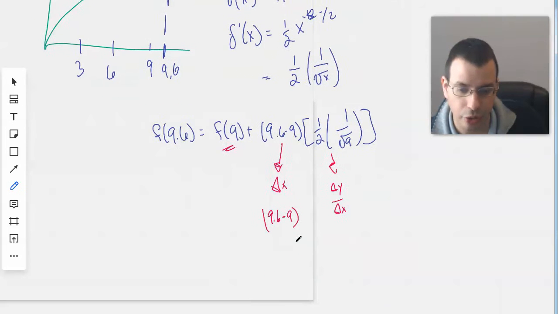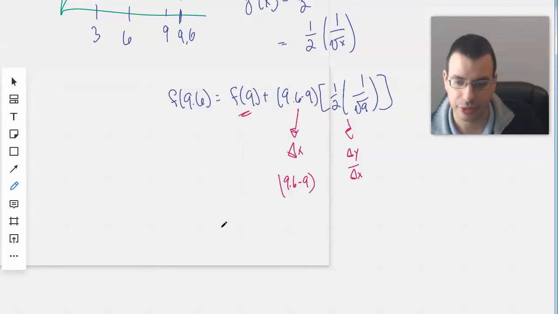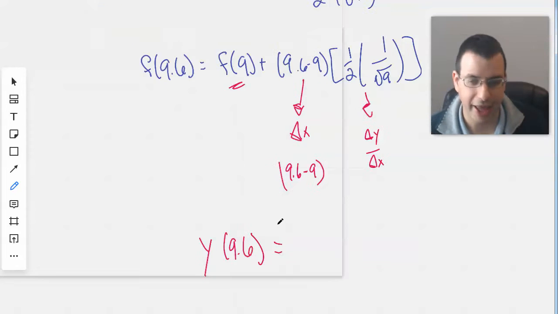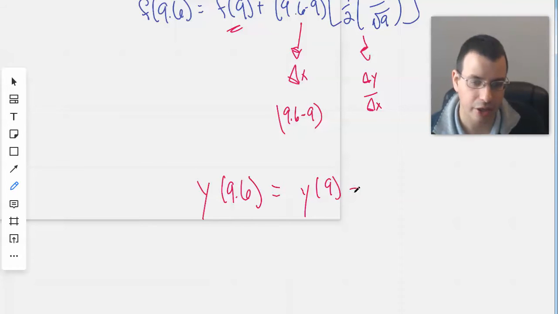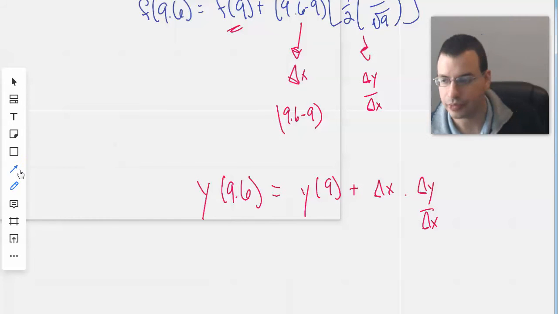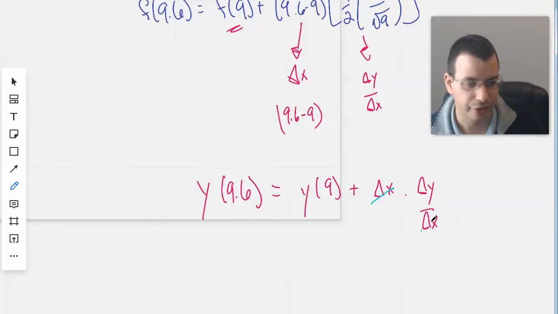And so if you look at this in terms of more just y and x, we have our y of 9.6, we have our y at 9 plus delta x times dy dx. The delta x's cancel, and we're left with y of 9 plus delta y.